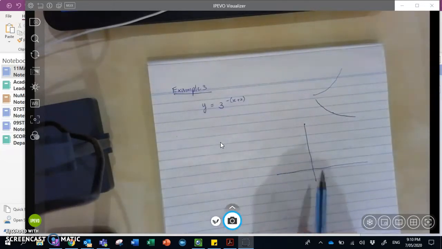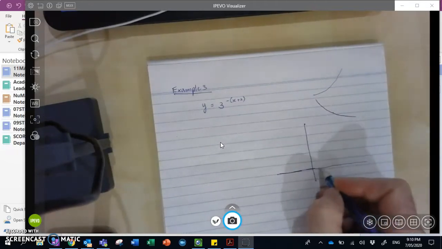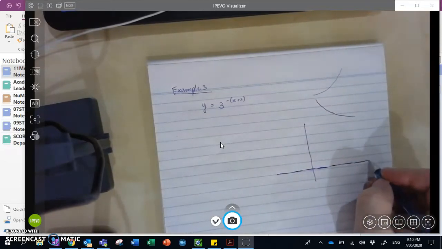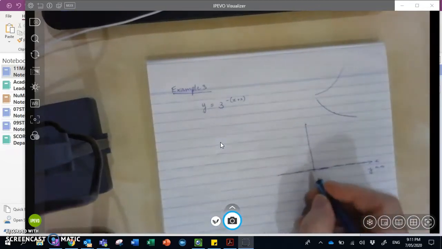So that means our asymptote remains as it typically does on the x-axis. Okay, and I'll mark it in there. There's my x-axis, and I'll mark it in. My asymptote equation is y equals 0, just representing the dashed line.